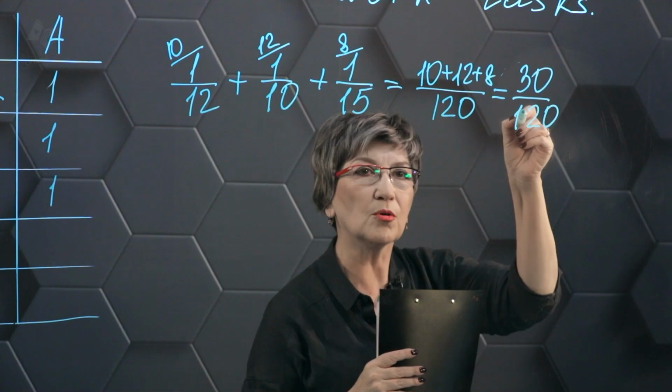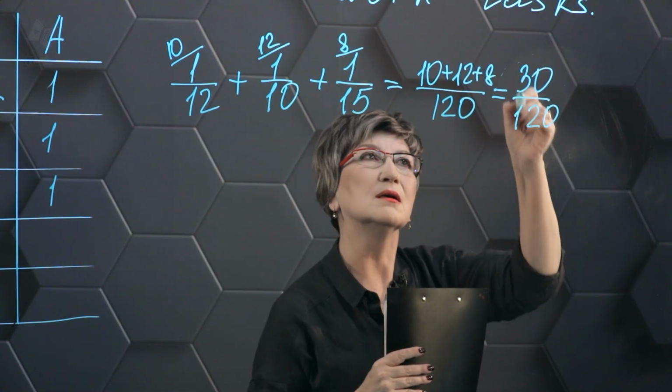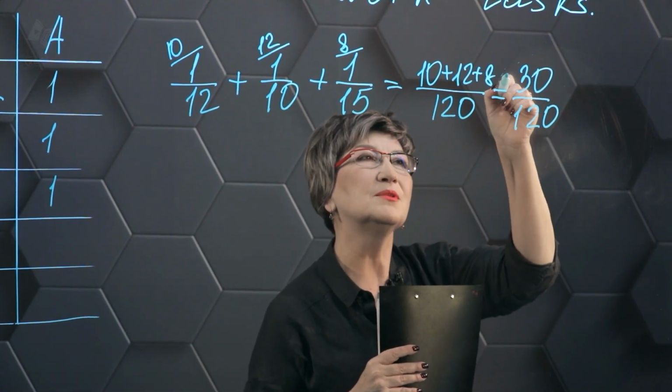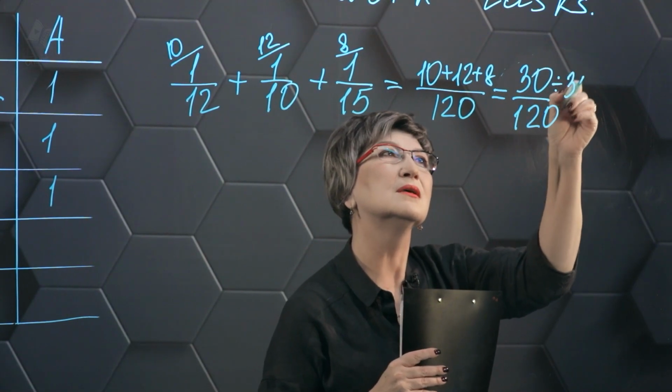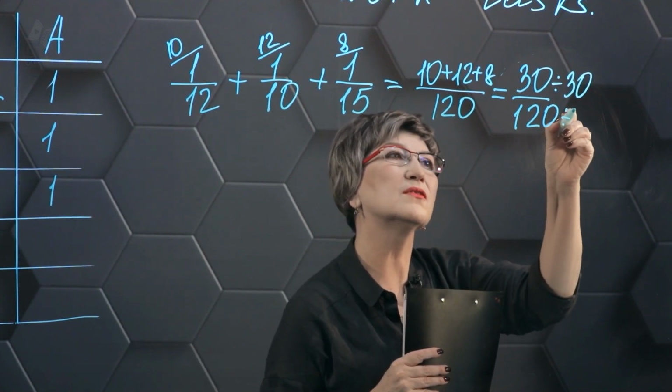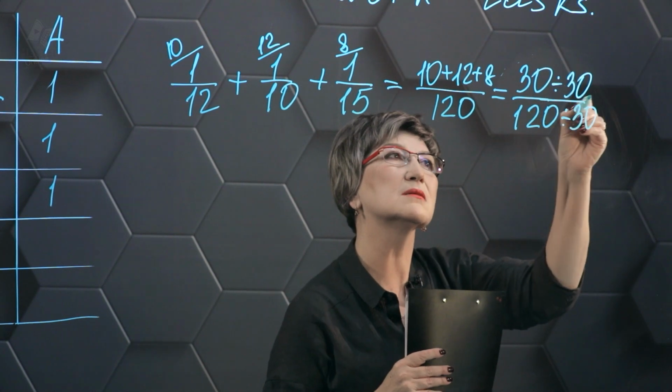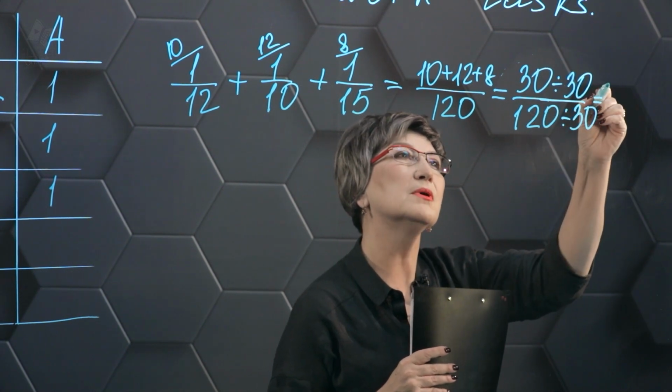Reduce the fraction 30/120ths. Divide the numerator 30 by 30, and divide the denominator 120 by 30. We get the fraction 1/4.